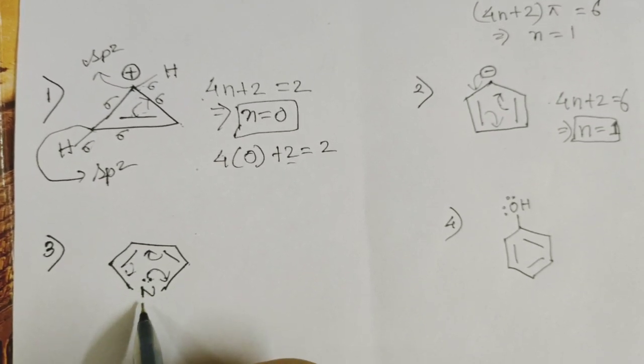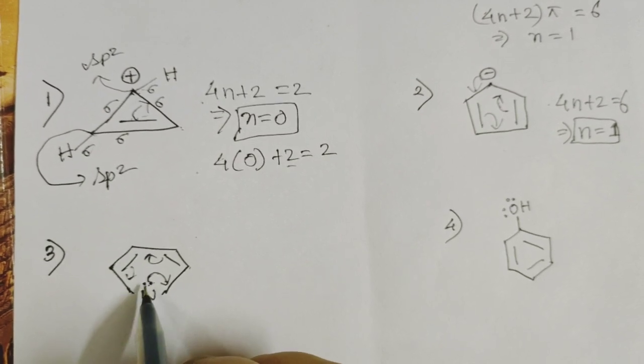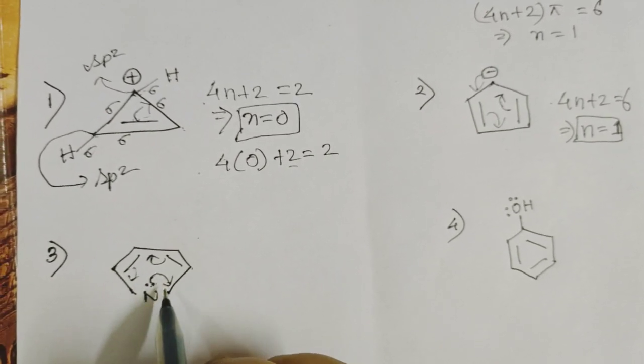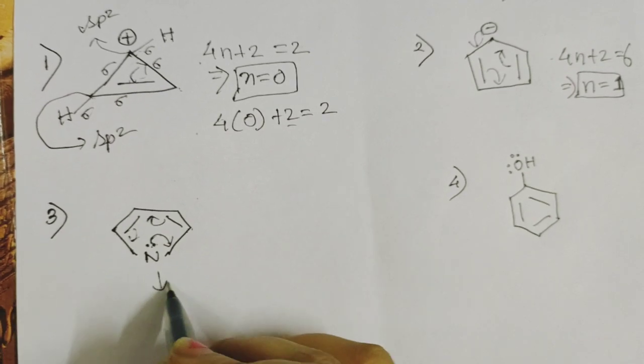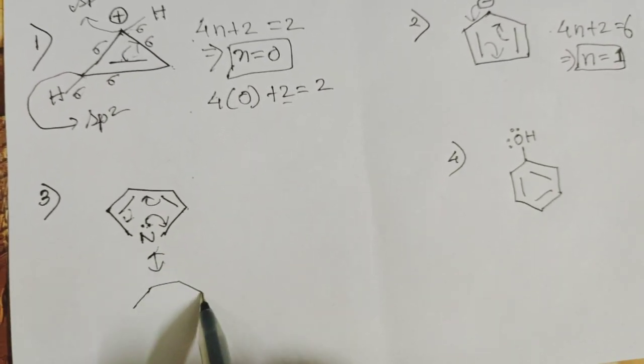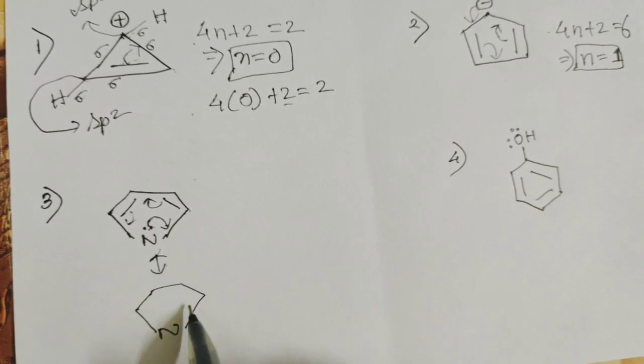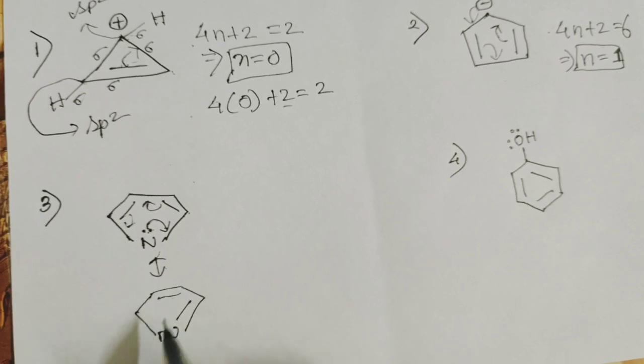Now seeing this nitrogen atom, since these lone pairs are involved in conjugation, if we see the resonating structure, then we would get something like this. Please bear with my drawing.